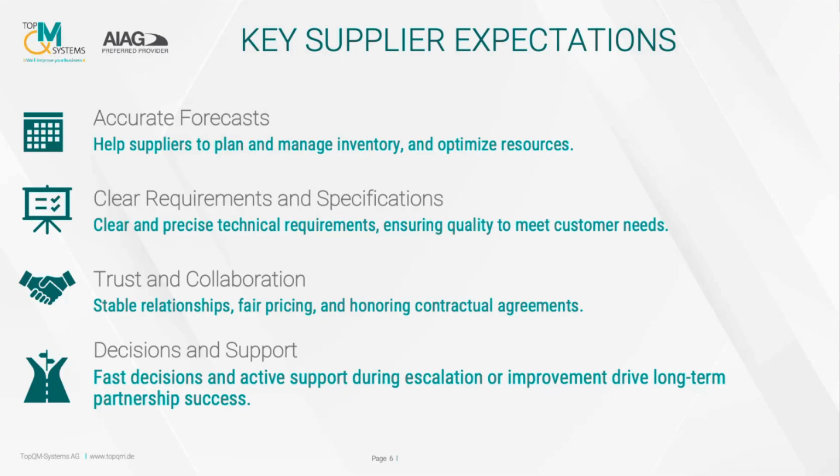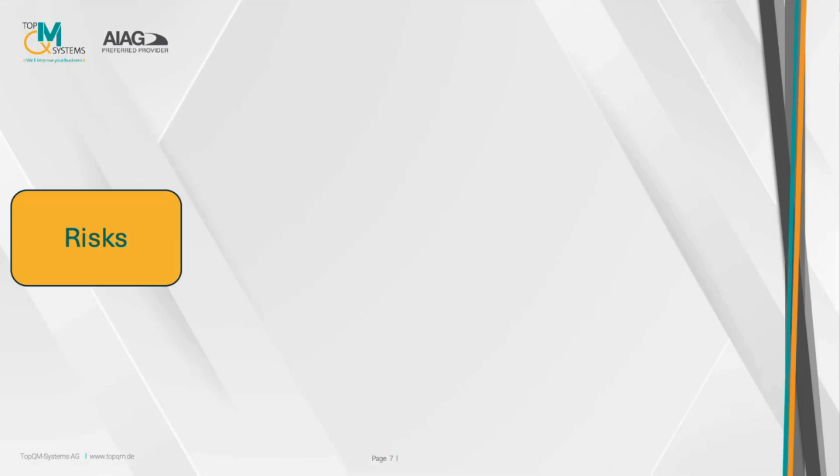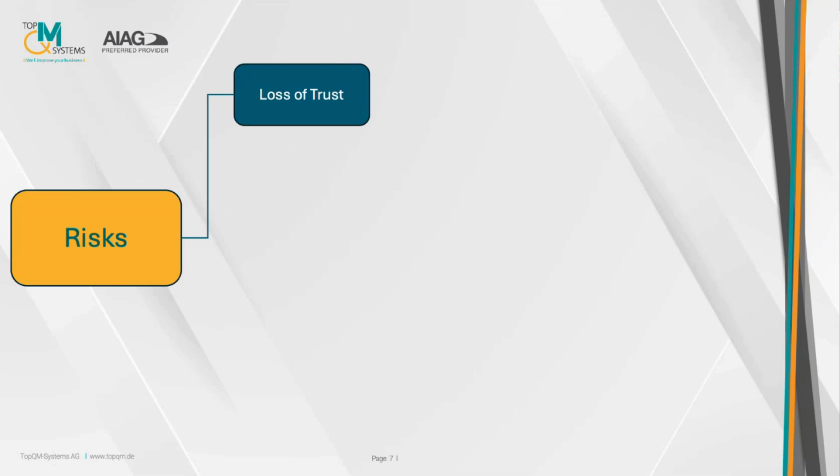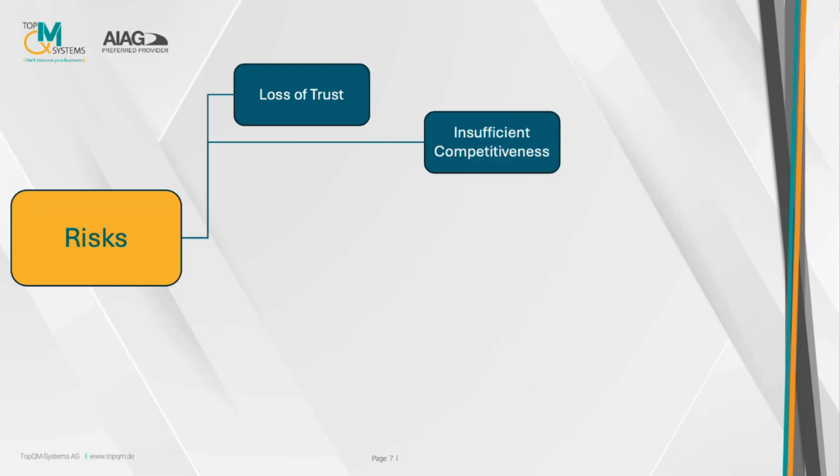So what kind of risks are we actually looking at? Risks, obviously, the loss of trust between supplier and customer. There might be insufficient competitiveness. We as a supplier, as a customer, have the risk of insufficient competitiveness. We might be considering or dealing with suppliers that are lagging in technology.